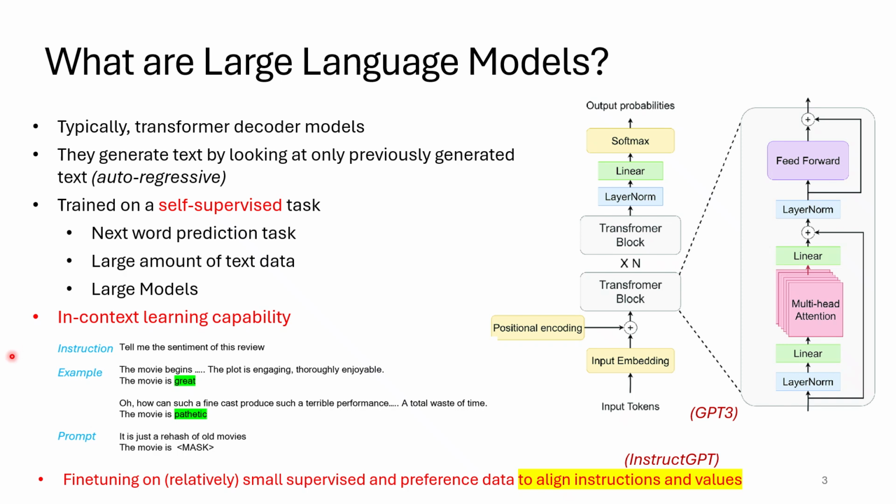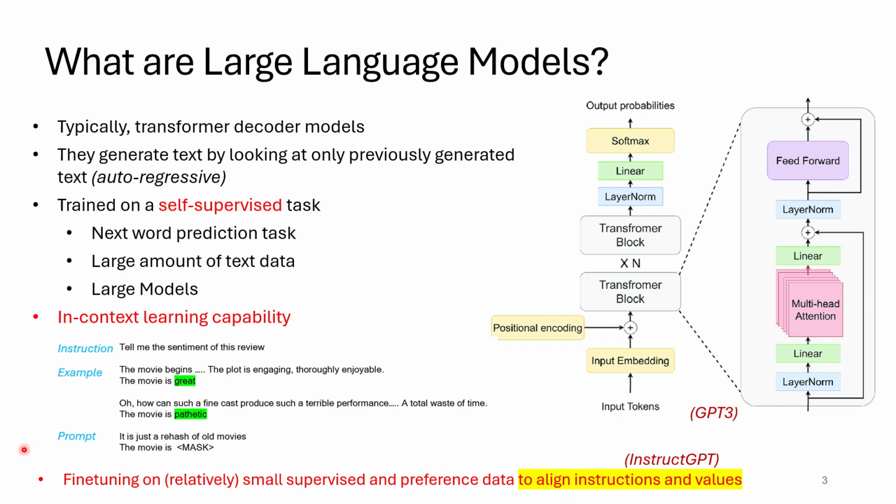If you give the instruction to tell me the sentiment for this review, and then two examples, the first example is of a positive sentiment, where the sentiment is indicated by a word like "the movie is great", and in the second example, the sentiment is indicated by "pathetic". Now, if you give it a new input, "it is just a rehash of old movies, the movie is", and then ask the model to predict the next token, it will predict the right sentiment. That's the hope. So that's a wonderful capability.